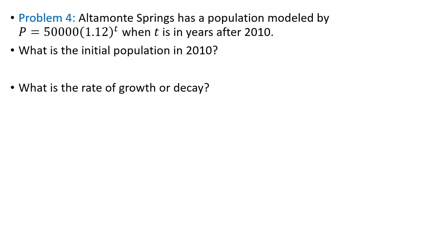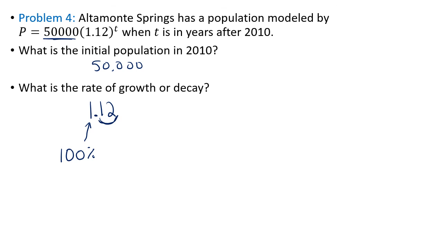Alright, so Altamont Springs has a population modeled by P equals 50,000 times 1.12 to the t, where t is in years after 2010. What is the initial value of the population in 2010? That's your A, your 50,000. What is the rate of growth? Alright, so we're looking at the 1.12. Keep in mind that the 1 before the period is going to be 100%.